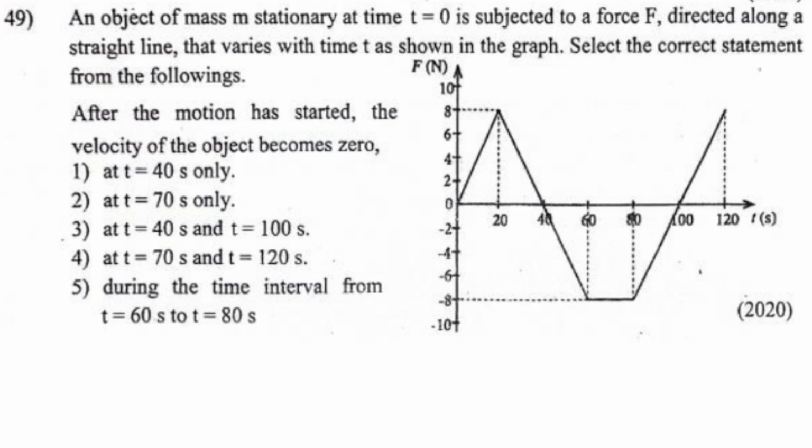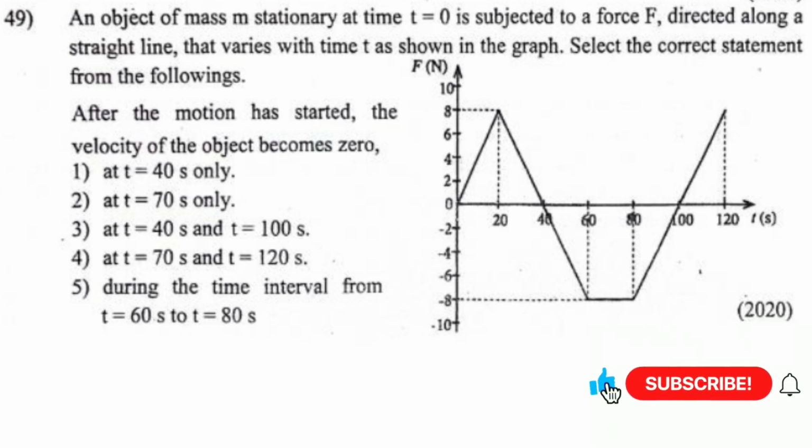Question number 49. An object of mass m, stationary at time t equals 0, is subjected to a force F directed along a straight line that varies with time t as shown in the graph. Select the correct statement from the following.